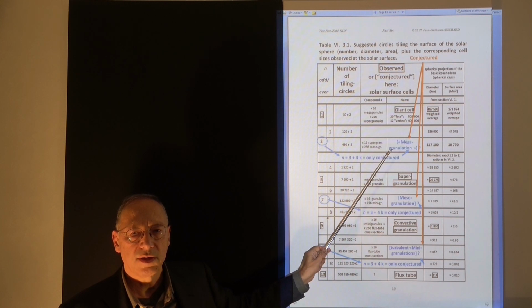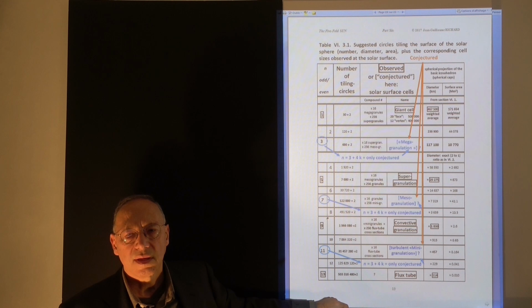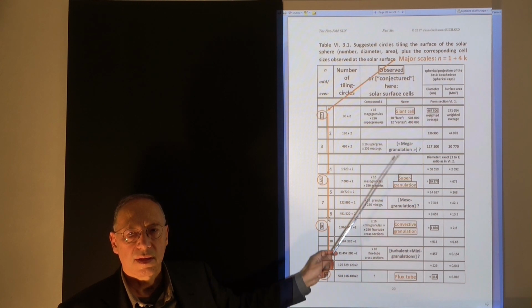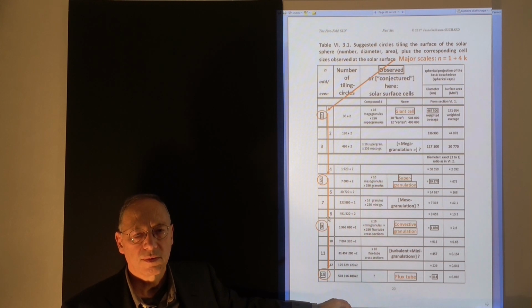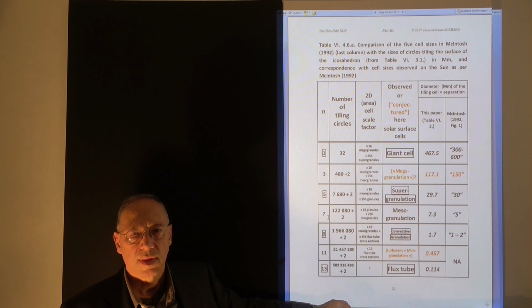The mega granulation, which is the sunspot group as proposed by McIntosh, the mesogranulation, and the smaller mini granules, turbulent mini granulation. The other levels among the odd values of n are the accepted major cells, which are boxed in this table: giant cells, supergranulation, convective granulation, and we propose flux tubes at the bottom.